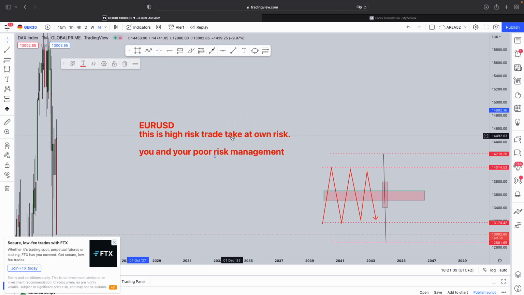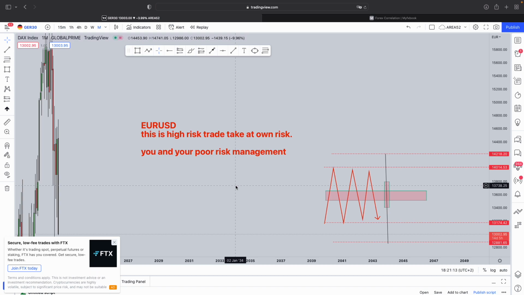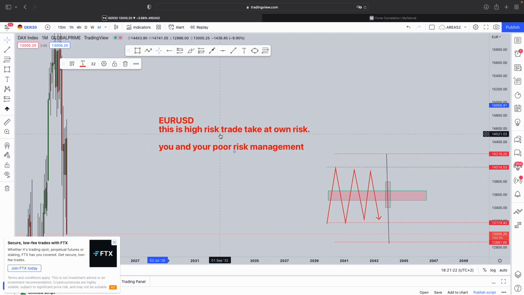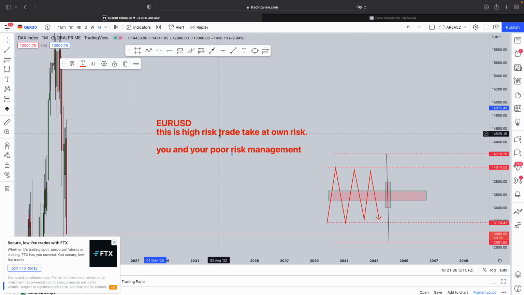Next up, we've got the guys from Euro USD, the people that say this is a high risk trade, take it at your own risk. People that say this just work so much on my nerves, because why? Trading in general carries a very high risk. You don't need to tell me that taking this trade is going to be high risk for me, because you saying that ultimately puts me in a position to go, okay, but I don't think I should take this trade.